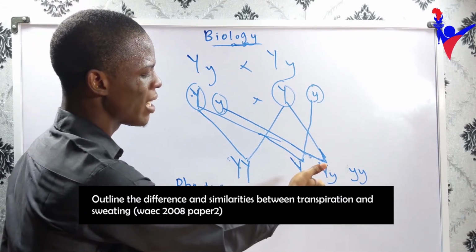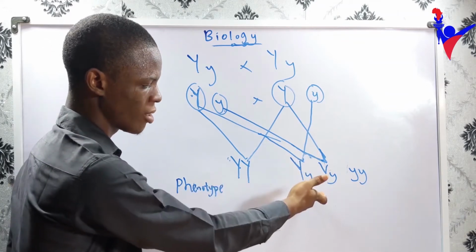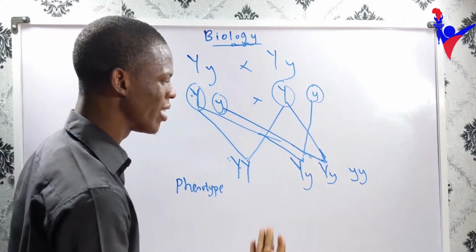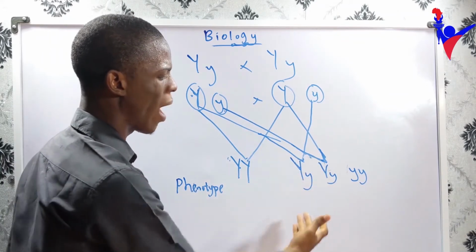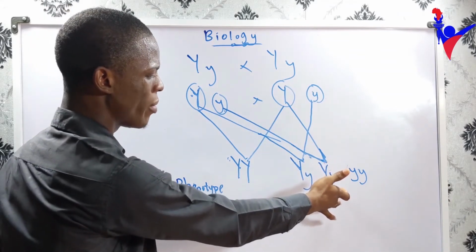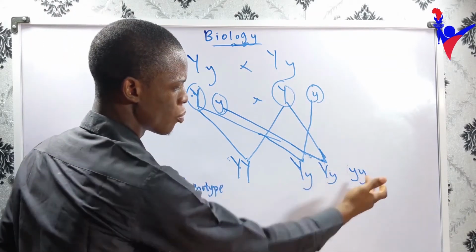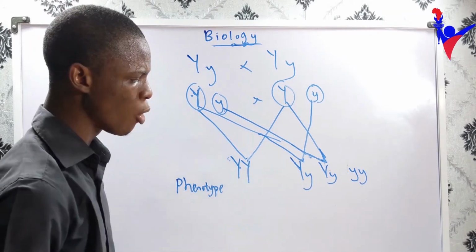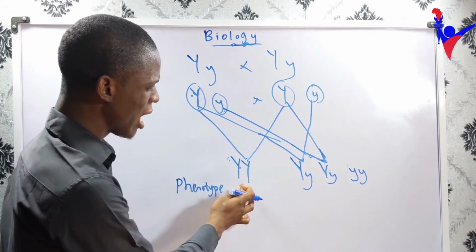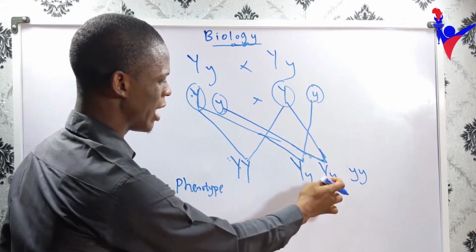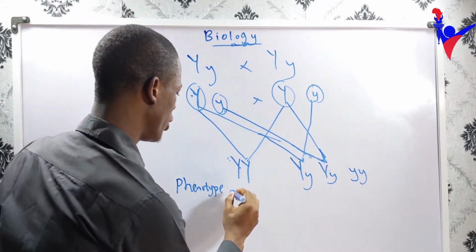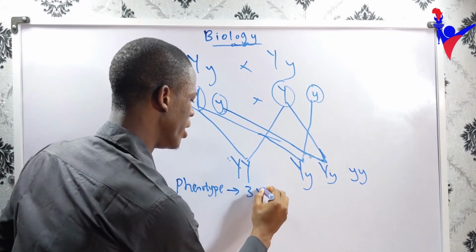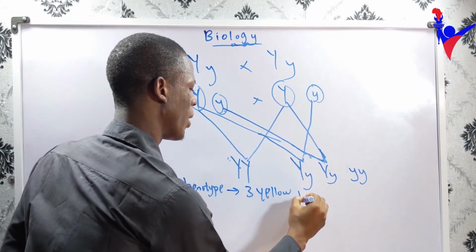Yes, we have another yellow plant because Y is dominant over y. I already told you the last time that the small y is recessive, and we have Y dominant over y. So we have how many yellow plants? We have one. This is a yellow plant. This is a yellow plant. This is a yellow plant. So we have phenotype. We have 3 yellow plants.